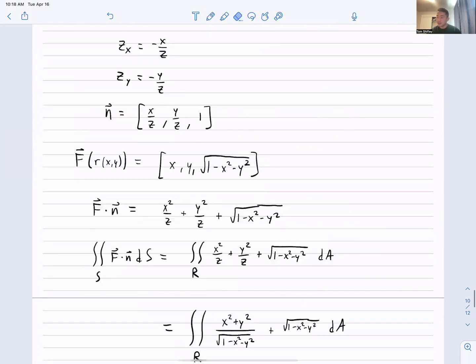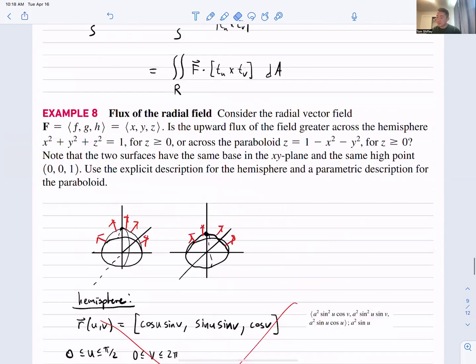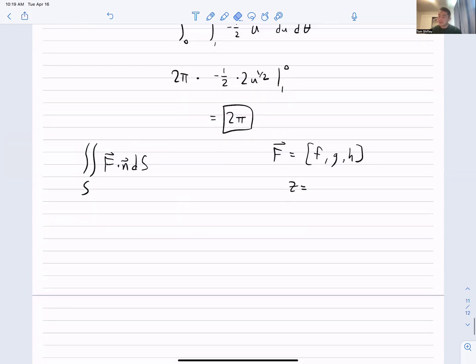What did they use? Maybe z is explicitly defined as capital G of x, y. So it's an explicitly defined surface.